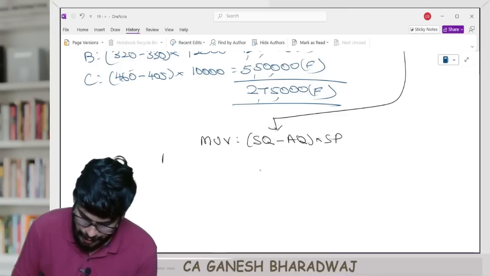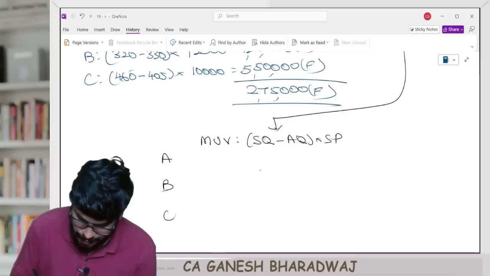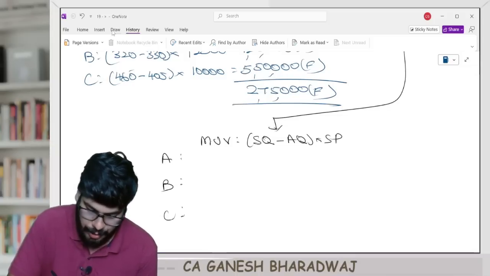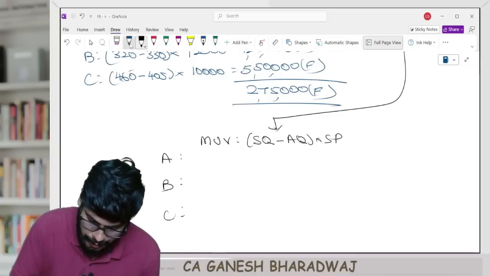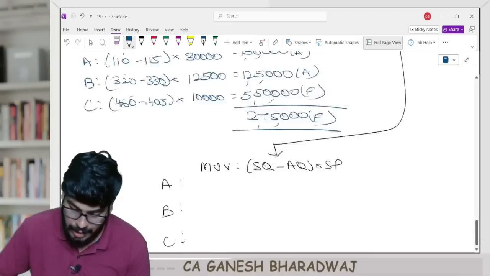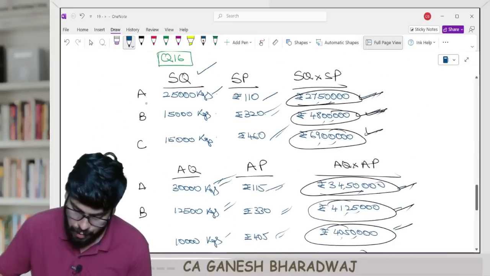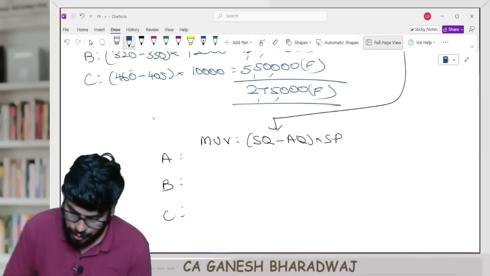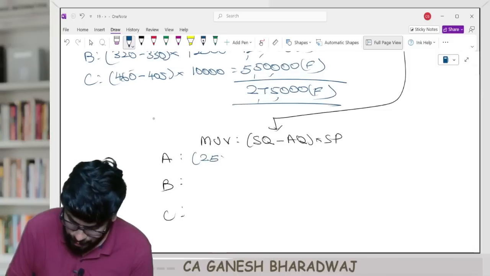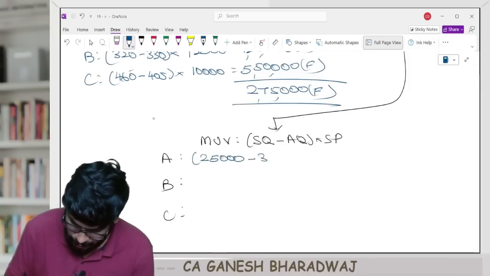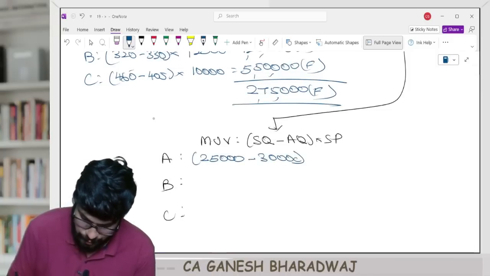So for product A, B, and C respectively, what are the figures? How much is the total standard quantity? 25,000. Actual quantity 30,000. So here it's going to be 25,000 kgs minus 30,000 kgs into standard price.